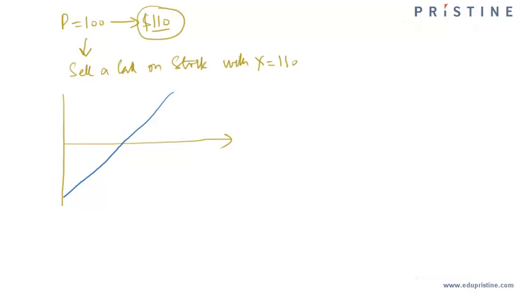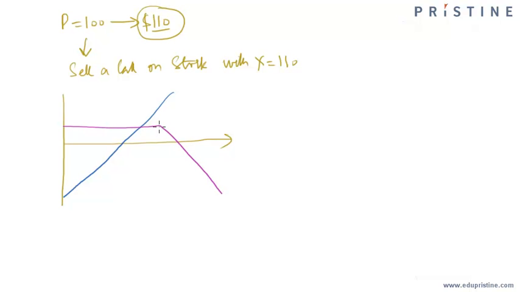And suppose you have sold a call option with a strike price of 110. So with a strike price of 110, you have sold a call option, so the payoff of the call option would be somewhat like this.